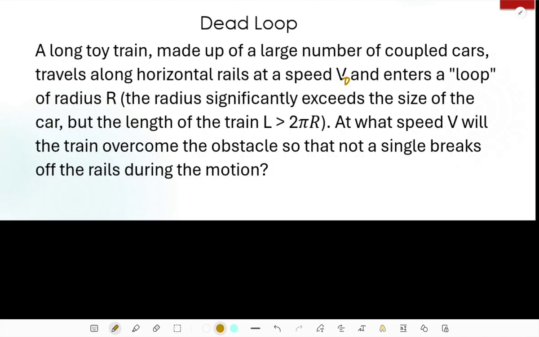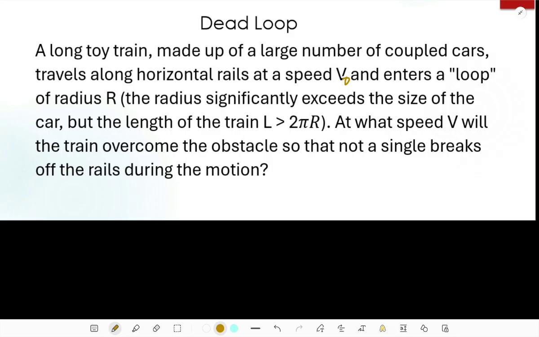The radius significantly exceeds the size of the car, that means the length of the car. The radius of this loop is bigger than the length of a single car, but the length of the train itself is bigger than the length of this loop, that is L is greater than 2 pi r.